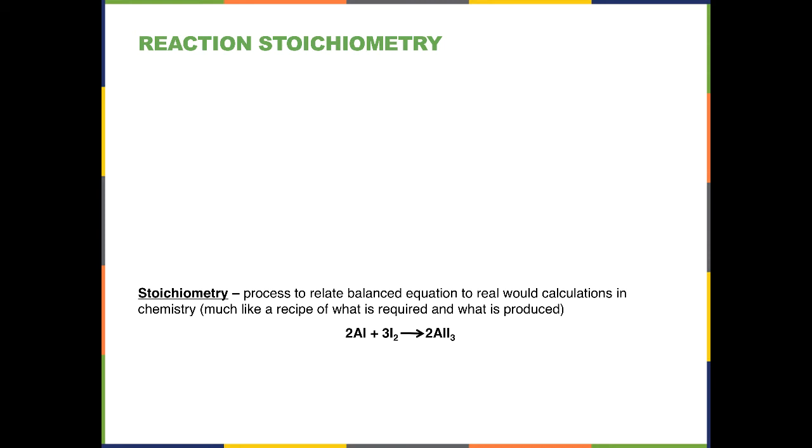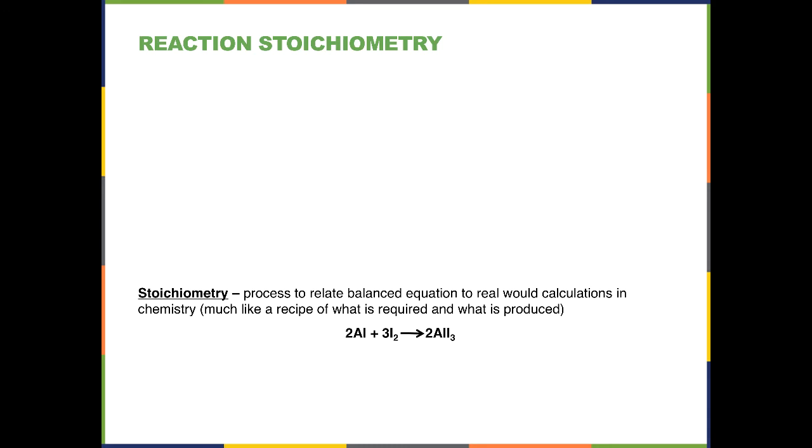So you remember from last week, a mole is a specific number of molecules. It's 6.02 times 10 to the 23rd molecules. So you can say 2 moles, because you know that represents 2 times 6.02 times 10 to the 23rd molecules, combines with 3 moles of iodine to form 2 moles of aluminum iodide.